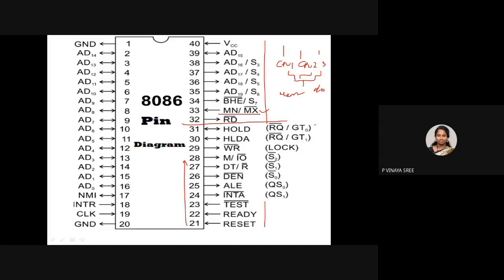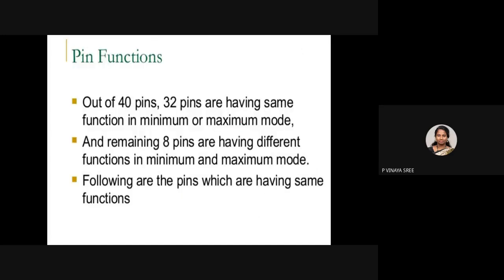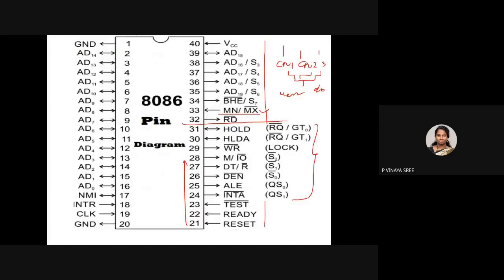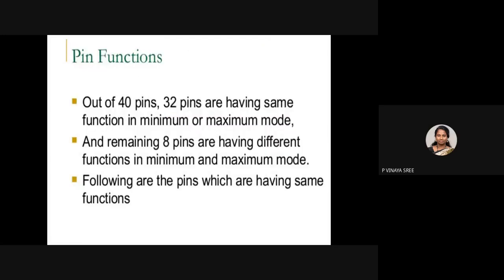The remaining ones are specific to minimum and maximum mode. Let me start with the common pins, revising if a pin is already done. Of the 40 pins, 32 pins are common, and the remaining 8 pins are specific to minimum and maximum mode.